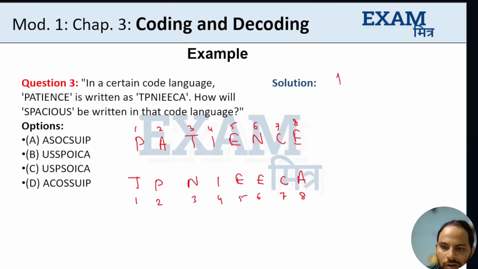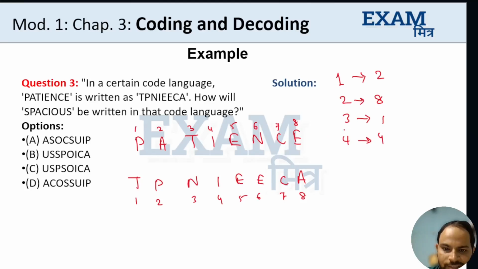Now see, 1, that means P is going to the position of 2. Again 2, that is A, is going to 8. Now 3 is going to 1. This 3 position T is going to 1 position. And similarly 4, that is I, is going to 4.